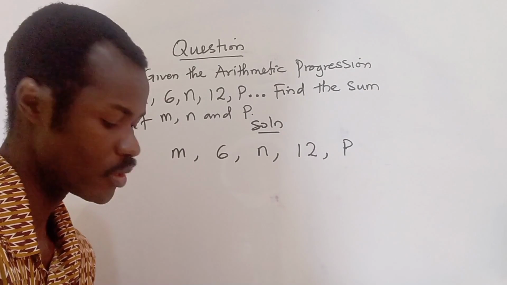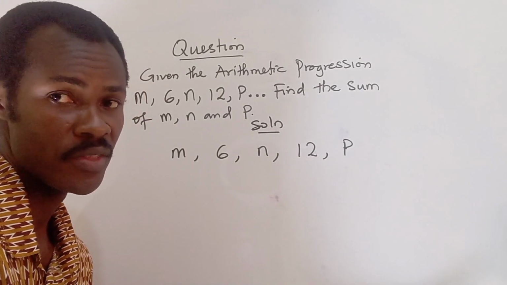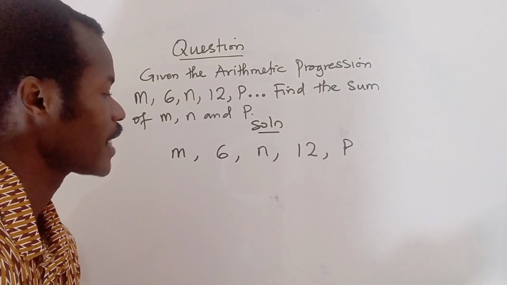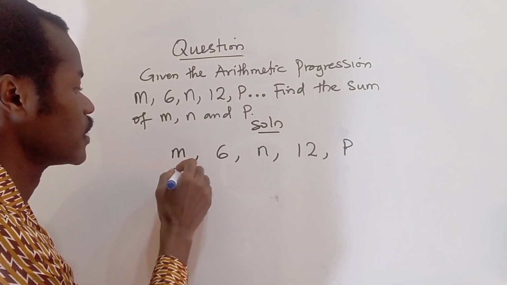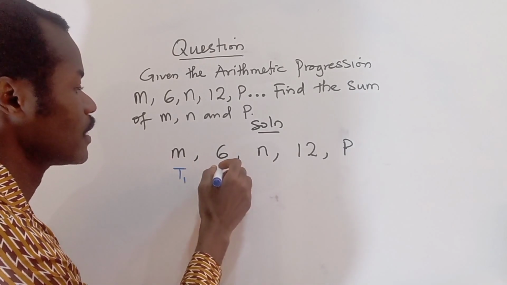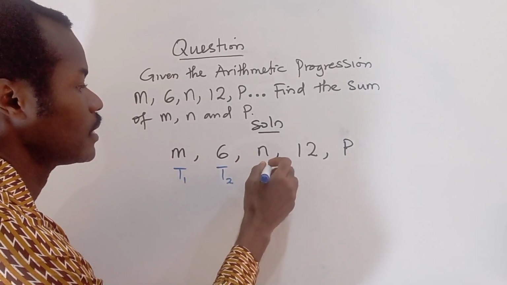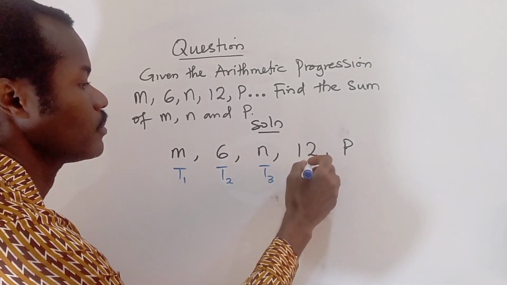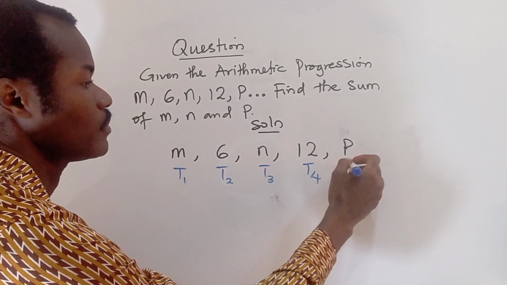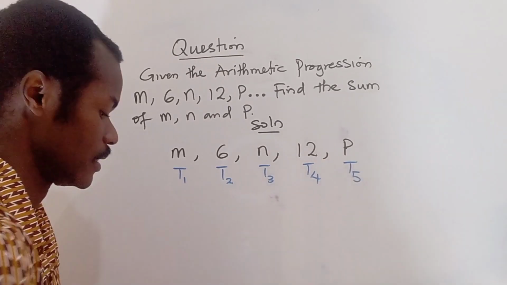Now, there are two methods we can use to solve this. The first approach is the common difference method. This is the first term, this is the second term, this is the third term, this is the fourth term, and this is the fifth term.